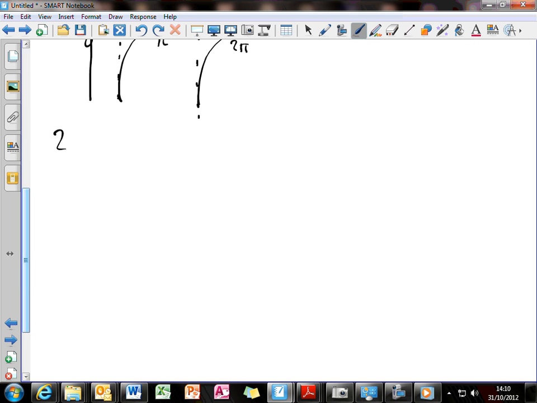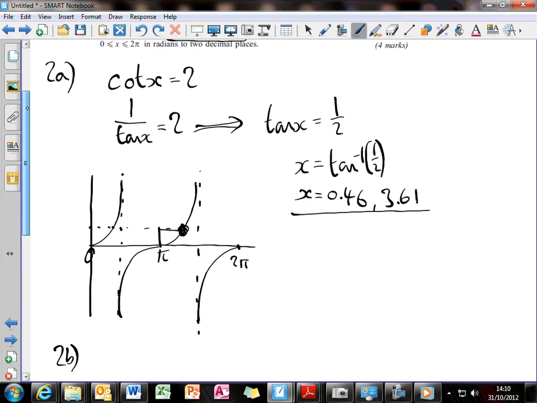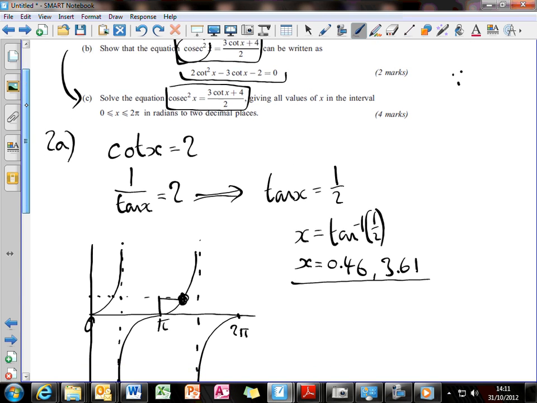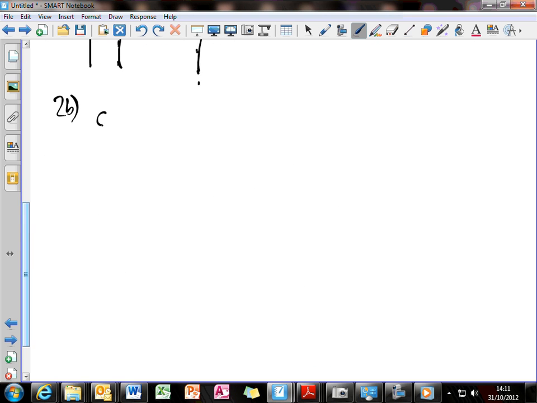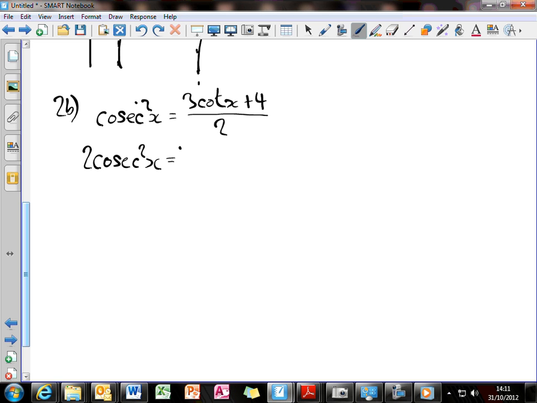So we're going to do 2b, and we're starting off with cosec squared x equals 3 cot x plus 4 over 2. So the first thing you probably want to do is just multiply by that 2 to get 2 cosec squared x equals 3 cot x plus 4.